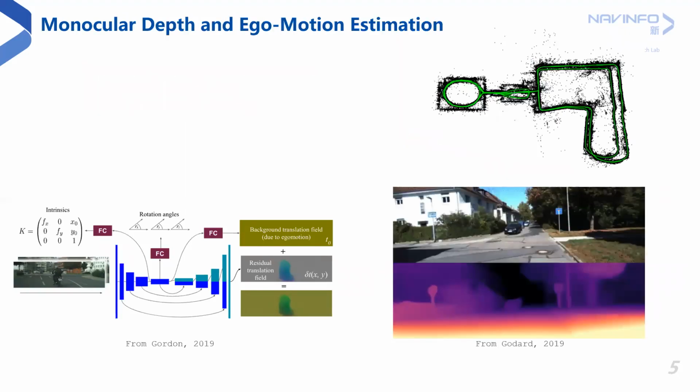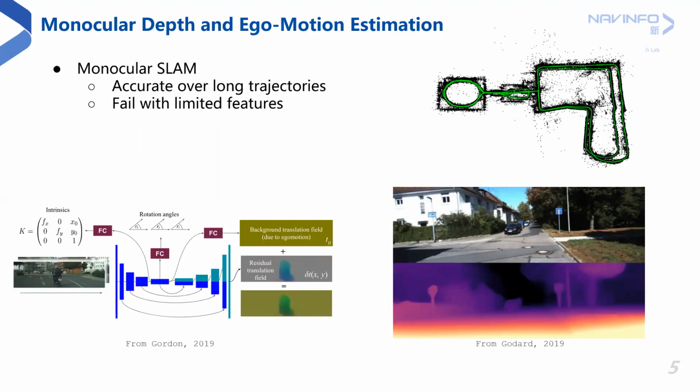For egomotion estimation, SLAM-based approaches are popular. They predict accurate camera trajectories over long distances, especially with presence of loop closures. However, they suffer from tracking failure in case of limited features in the scene. Alternatively, the recently proposed self-supervised approaches predict the monocular depth and egomotion simultaneously.